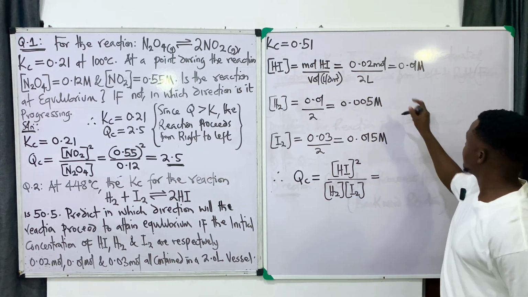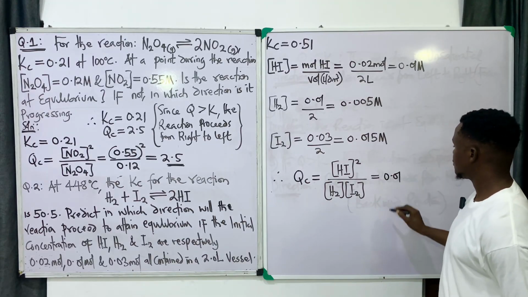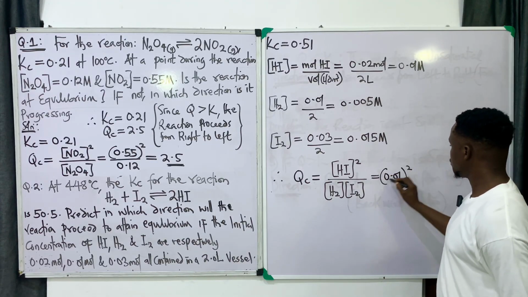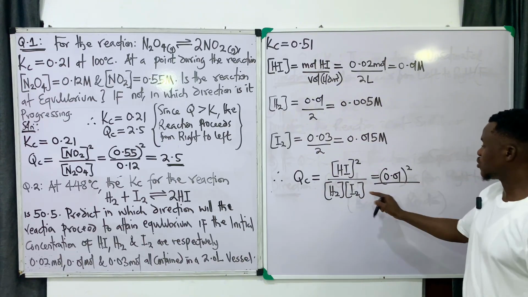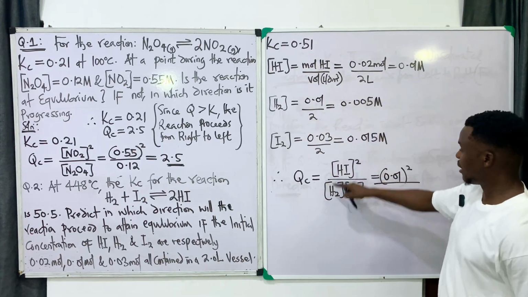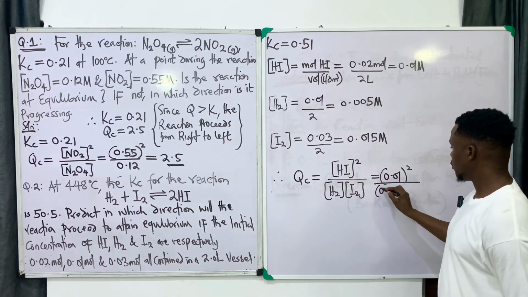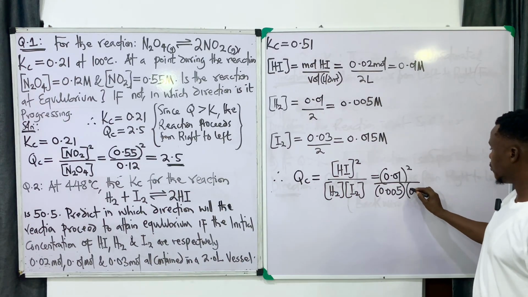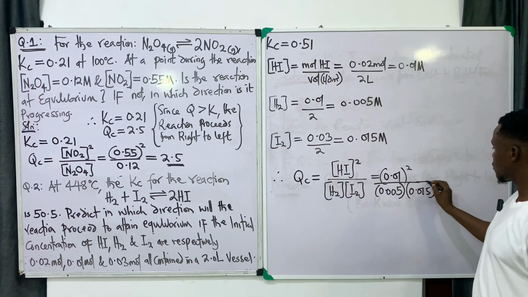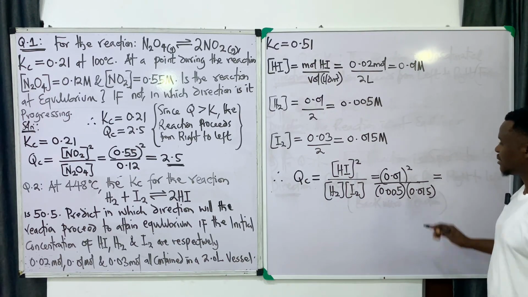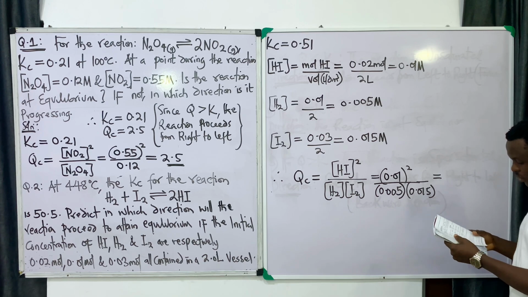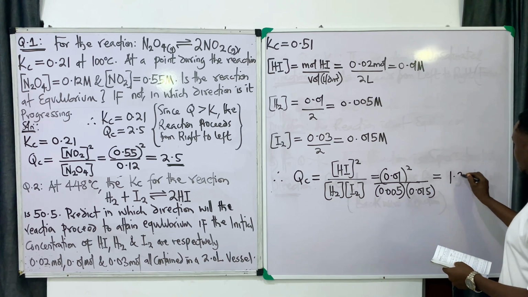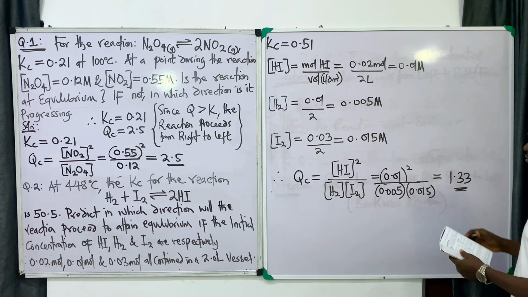Concentration of HI is 0.01 all raised to the power of 2. Concentration of H2 is 0.005 times I2 is 0.015. Now when you carry out this calculation, our Qc becomes 1.33, guys.